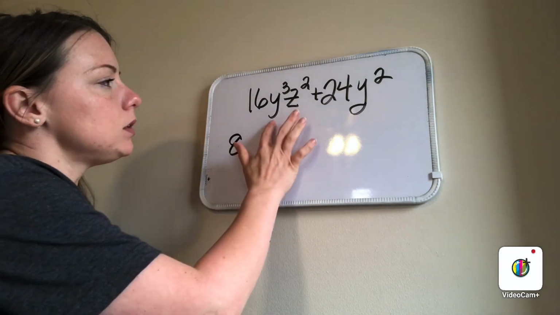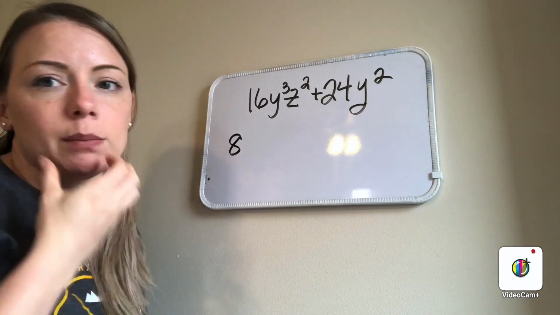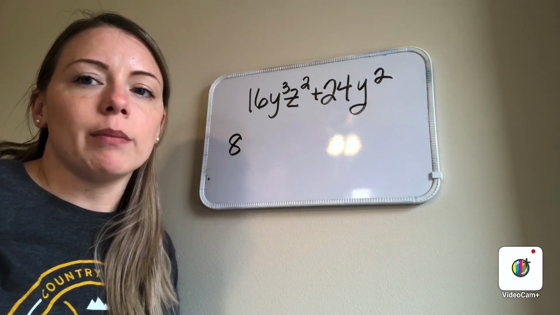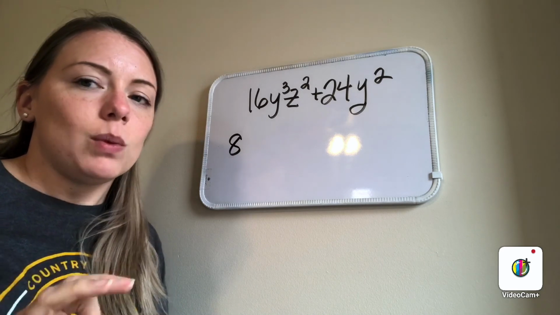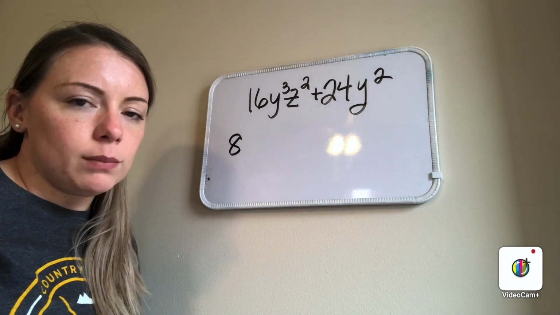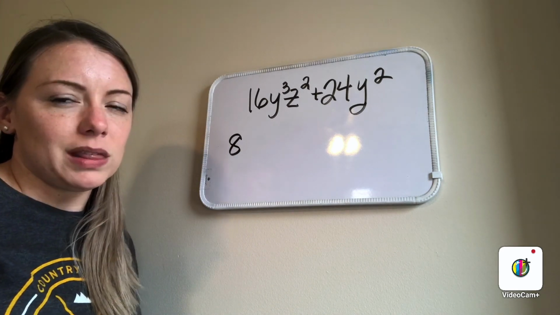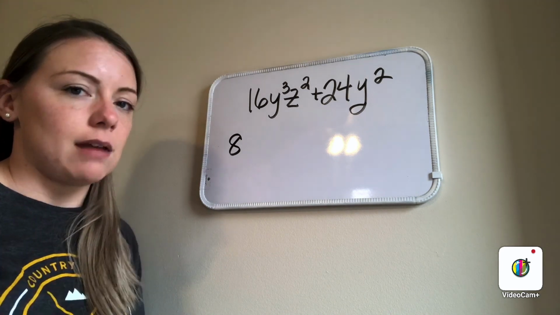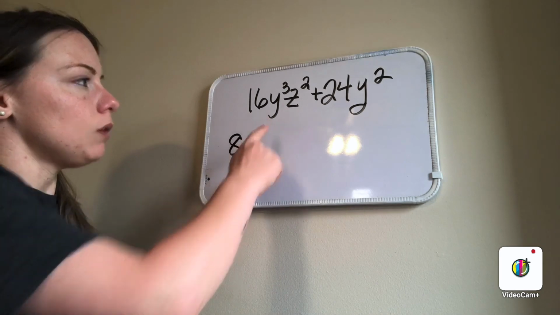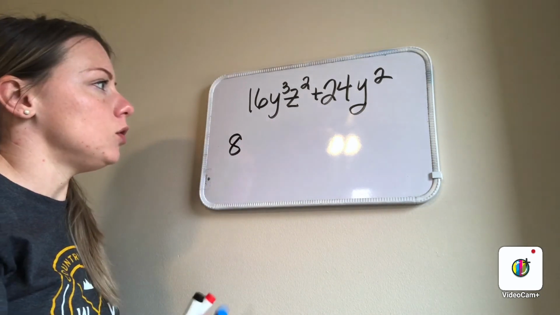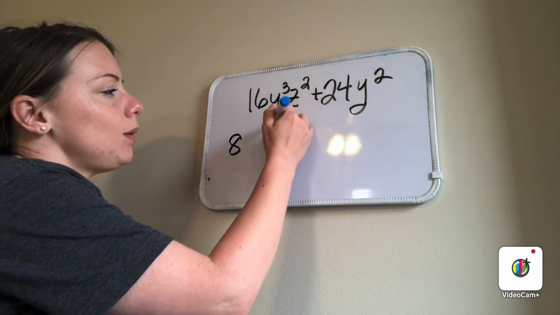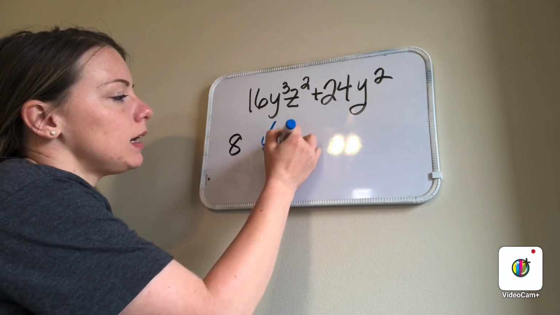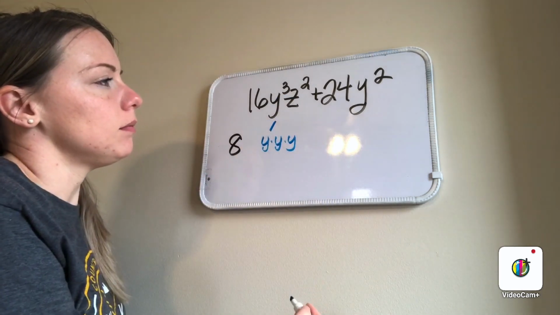Now I'm going to look at every single variable I have, and this leads me to step 2, which is to factor out the common variables. We don't necessarily know what our variables represent, but we can still factor them out. Right here for y cubed, we know this is y times y times y.